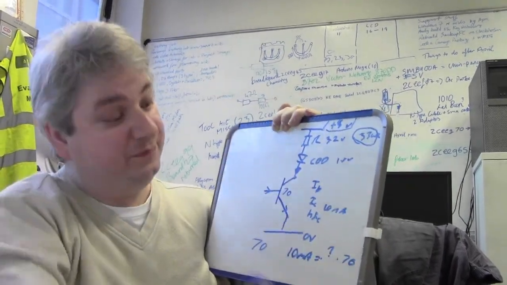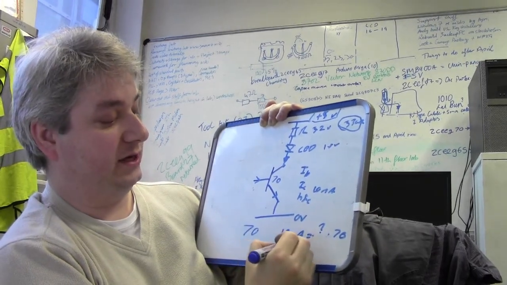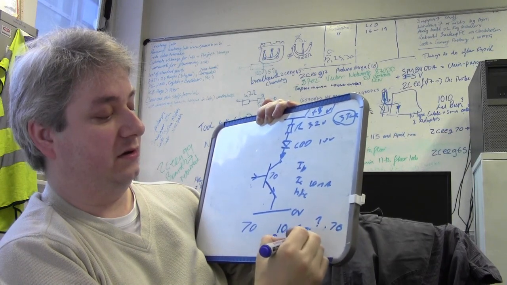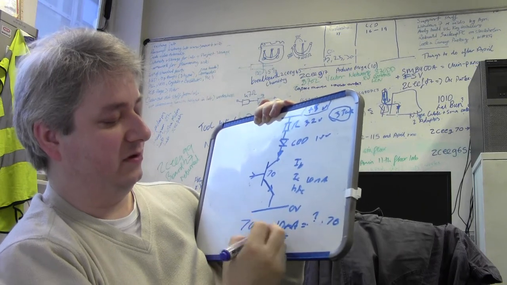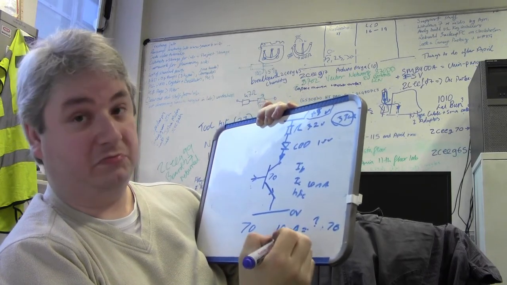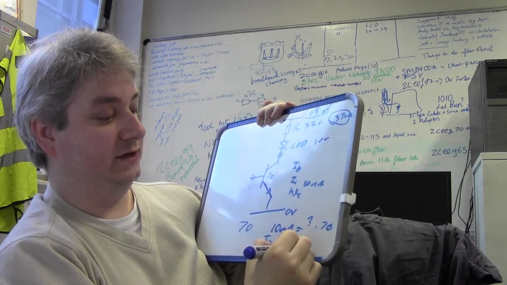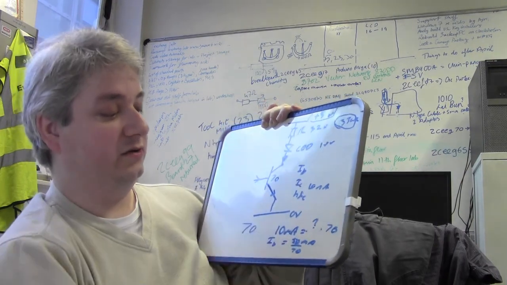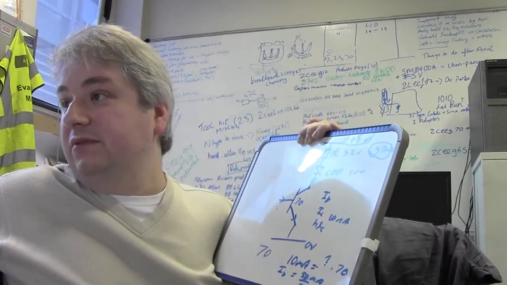Shuffle the numbers about, and we get IB equals IC over 70. IC is 10 milliamps, so you can work it out: 10 milliamps divided by 70.